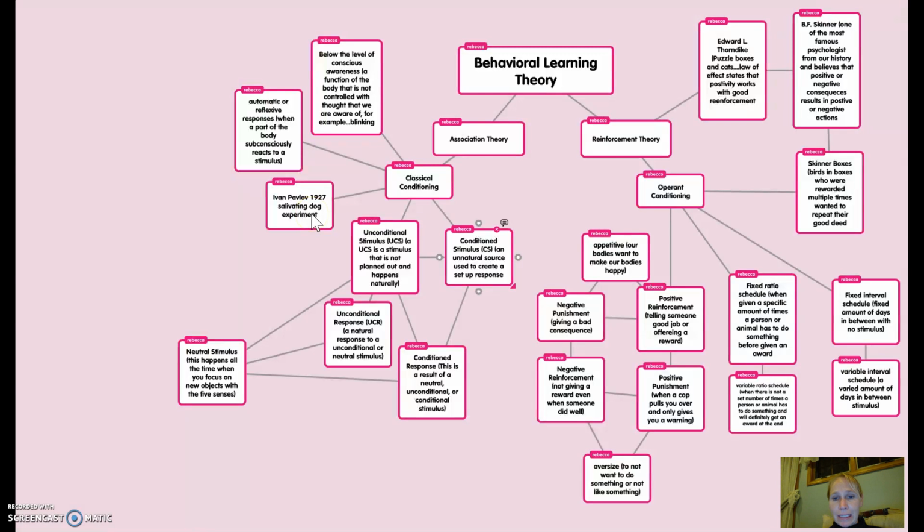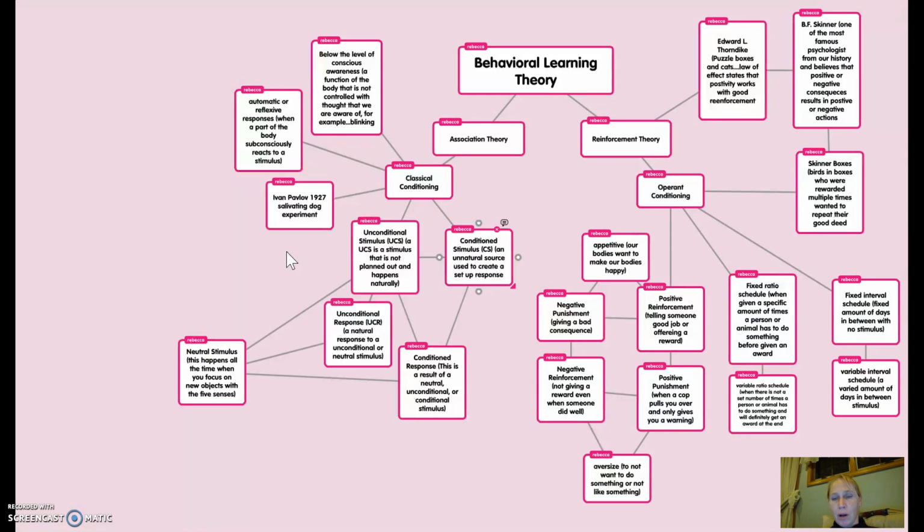Classical conditioning. Ivan Pavlov was the main psychologist that practiced classical conditioning. He did an experiment back in 1927 on dogs salivating.